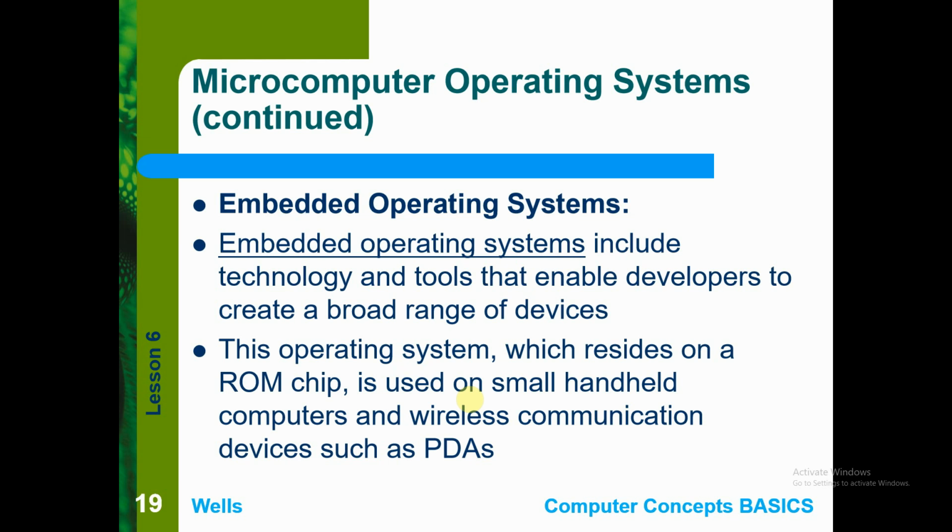This operating system uses a small ROM chip and is usually used in small handheld computers, like our smartphones, and also wireless communication devices, PDAs before, and now smartphones, handheld computer devices, and beepers. Also the OS of Apple with their wide touchscreen setup, as examples of embedded computer operating systems.